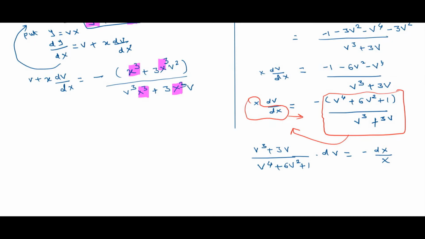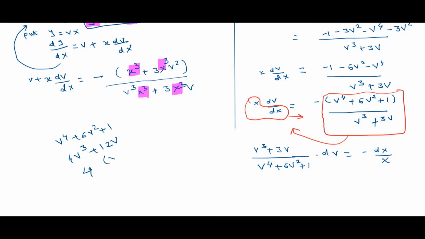Now what is the differentiation of this v raised to 4 plus 6v square plus 1? The differentiation of v raised to 4 plus 6v square plus 1 is equal to 4v raised to 3 plus 12v, and the differentiation of 1 is equal to 0.